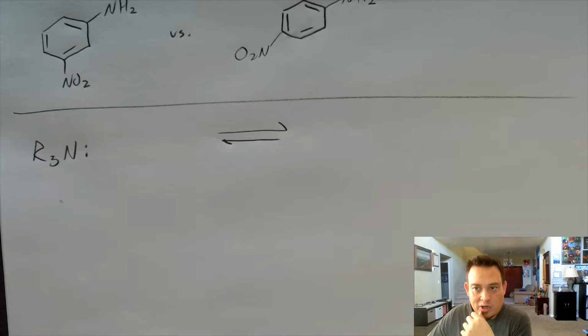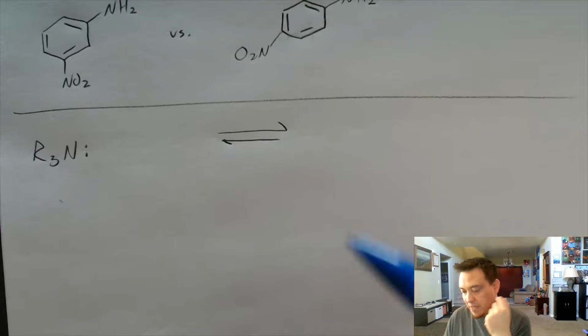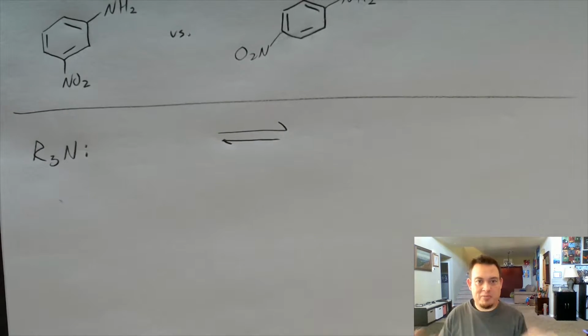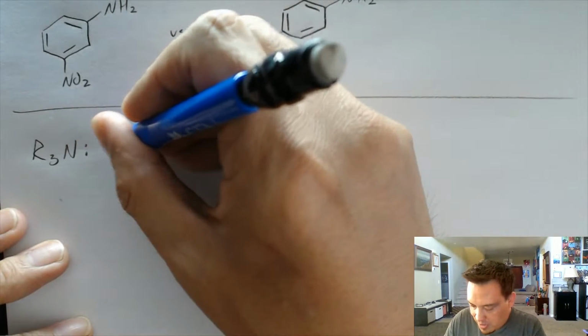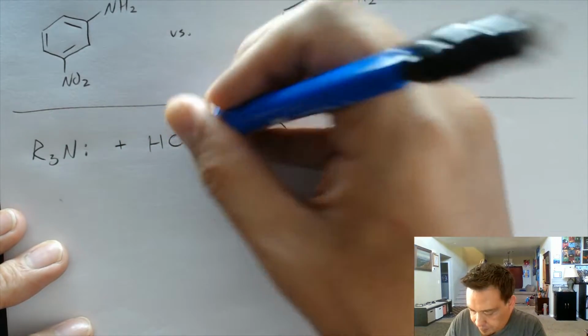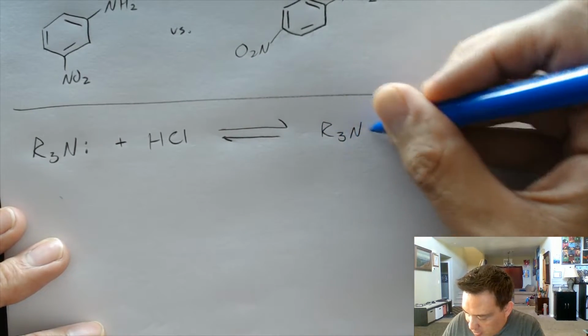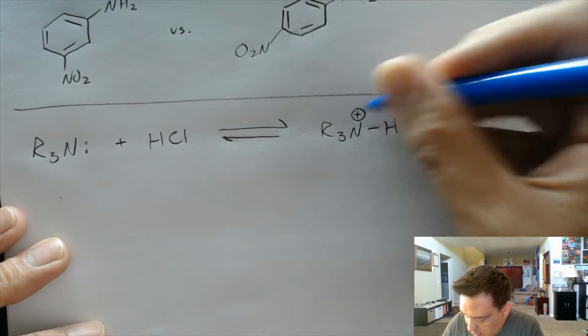We basically would protonate this to make it water soluble, and then you would deprotonate to make it go back to being insoluble. So what I'm going to do here is write plus HCl, and then we're going to get our aminium like that.